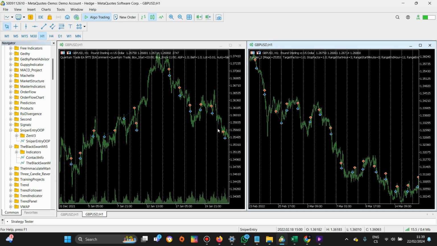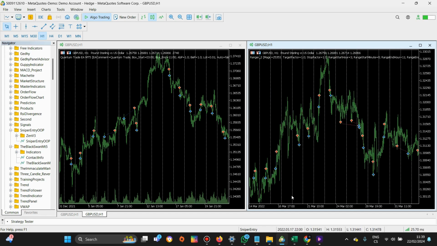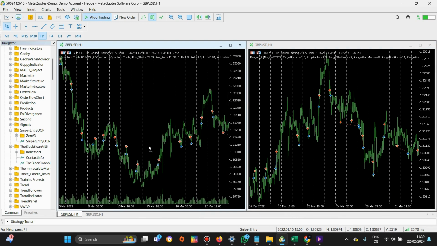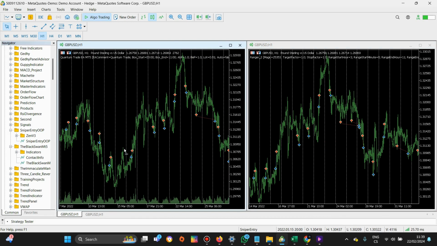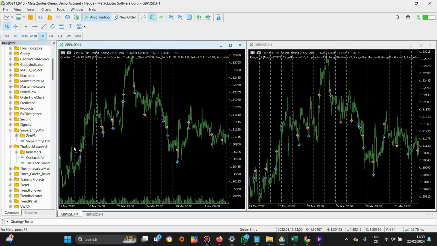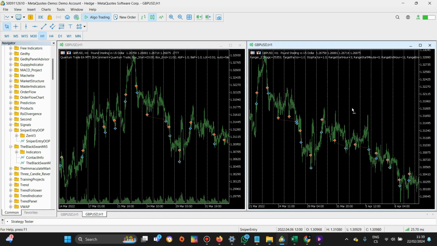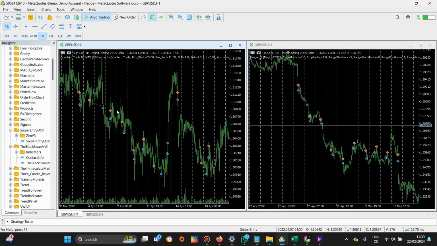If I go somewhere, for example here, the 16th of March, yeah, we are here. You can see that it still does take the same positions. So here are 2 same positions right here. The same thing goes right here. So this EA is really the same.